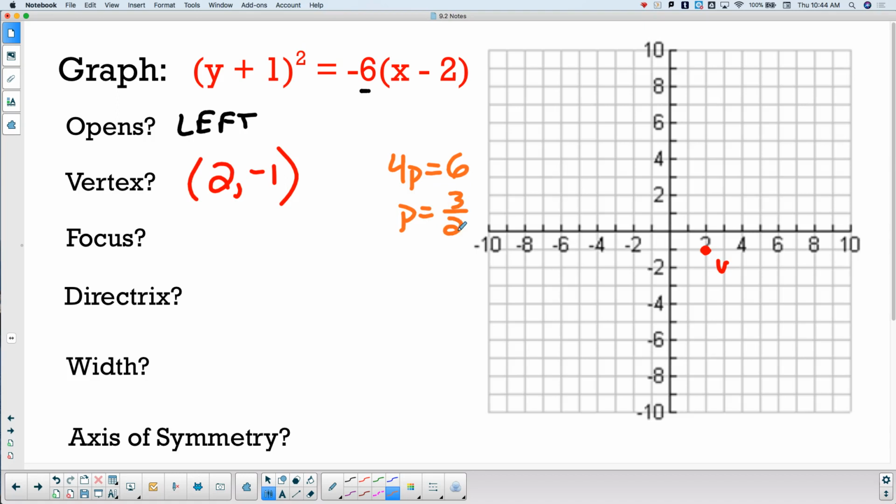Okay. So where's my focus? So it's 1.5 to the left. Okay. So where's my focus? I don't know.